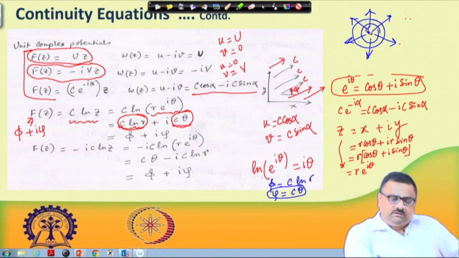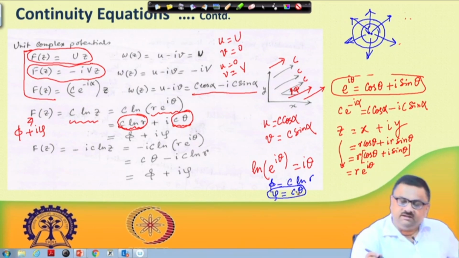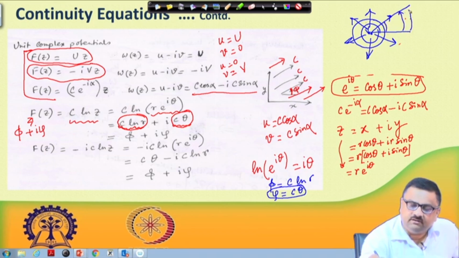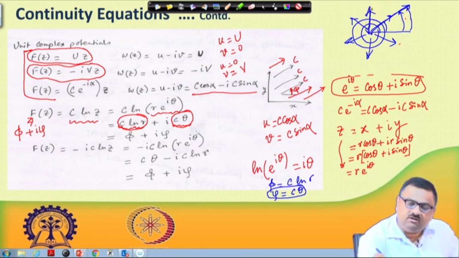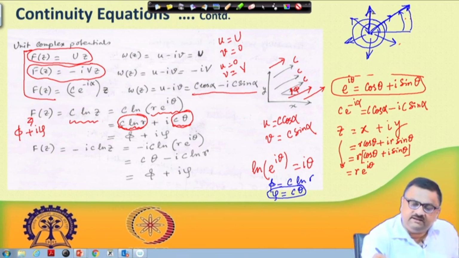So, the lines along which the stream function is constant are the lines along which theta is constant. As far as this line is concerned, this is the theta. So, wherever you go, this theta remains same. So, I can say that this is a line along which theta remains constant. This is also another line along which theta remains constant. So, we can say that these are the lines along which C theta remains constant.